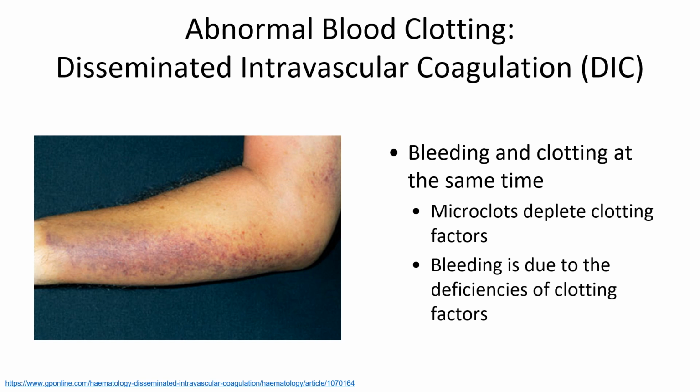Microclots throughout the body are going to deplete the clotting factors that are available. And then because there's reduced clotting factors, small bleeds are not going to be able to clot, causing someone to bleed to death, because microclots have depleted all of the clotting factors within the blood.